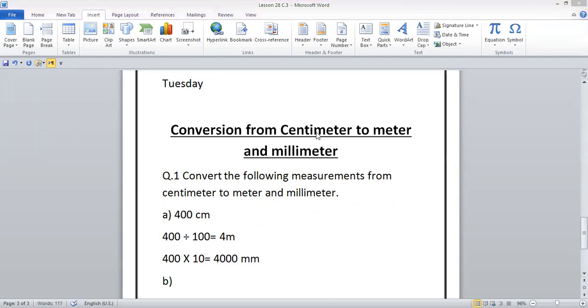Very good. If you have any question, yes, Jibrail, tell me in the chat. I'm reading your message. The question B. Yes, Jibrail, you can type it.